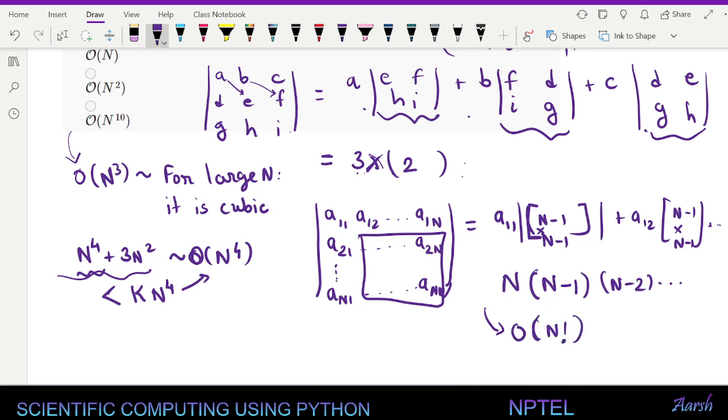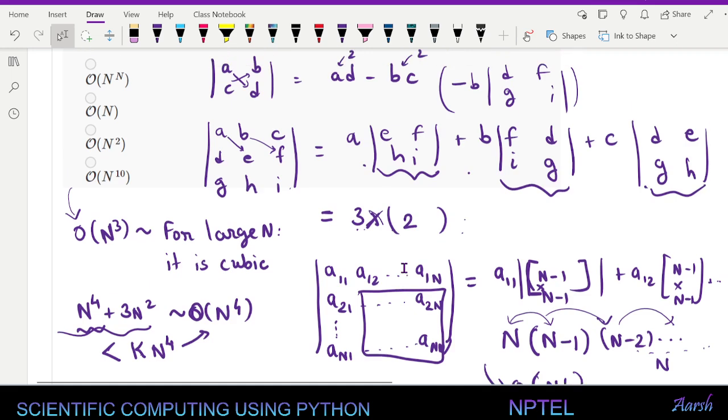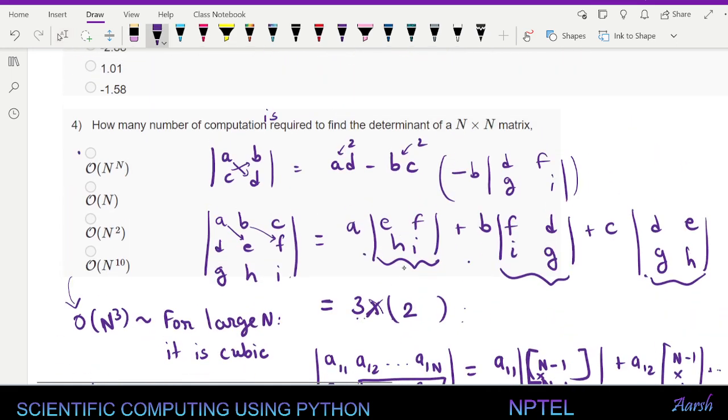And if you look at just the first term, then n minus 2, and how many such terms are there? Well, n, right? So that is going to be n to the power n. So these are almost the same. The closest answer that I could think of is n to the power n.